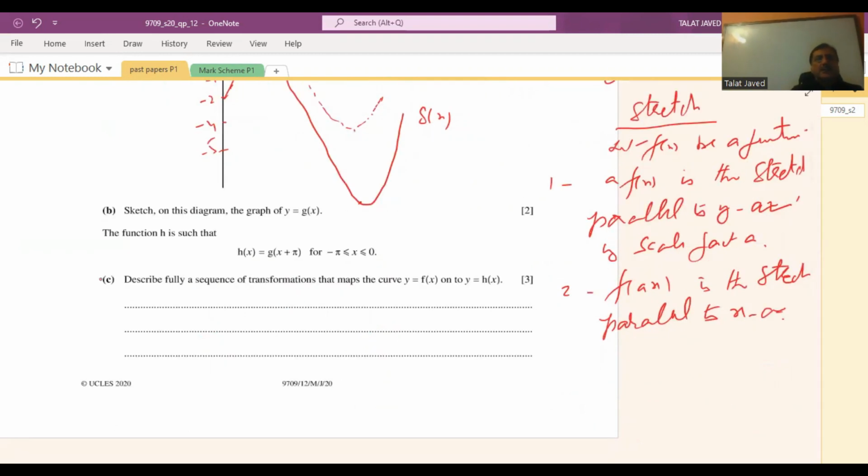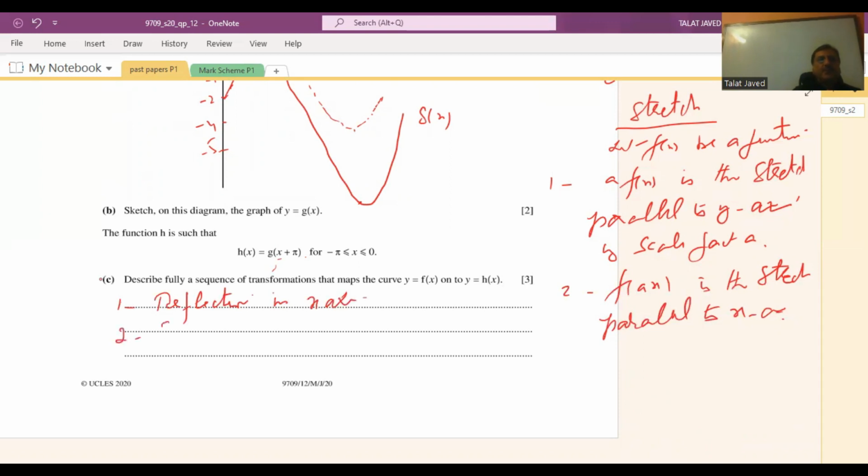So this is the graph of h of x. Describe fully the sequence of transformations that maps f of x to h of x. So h of x is given like this, x plus this. So number one, reflection in the x-axis.